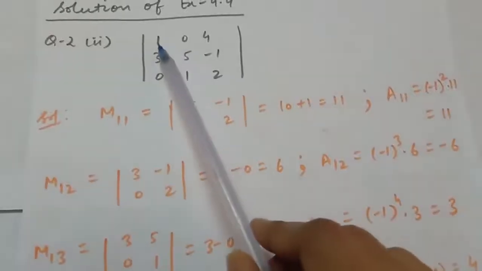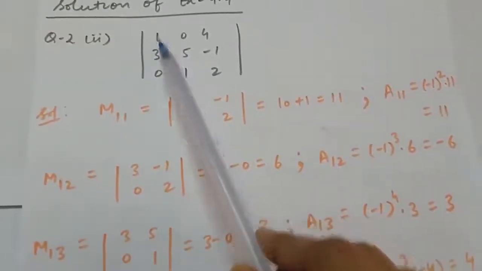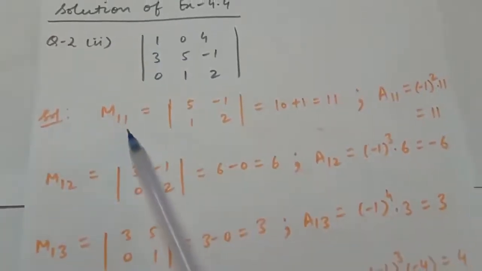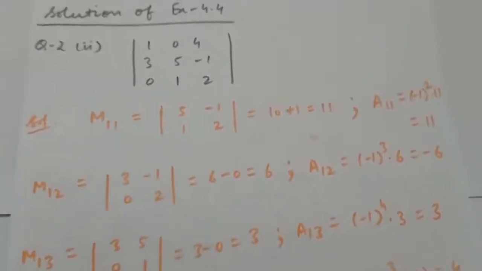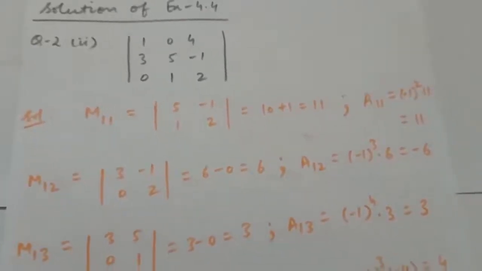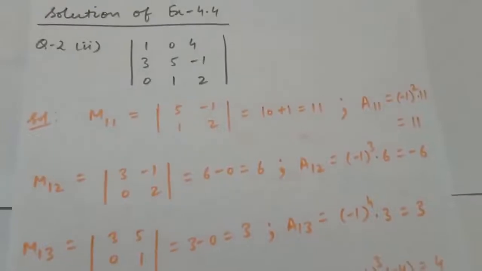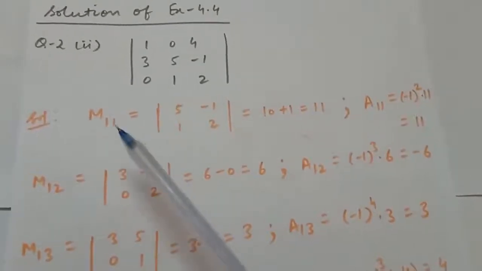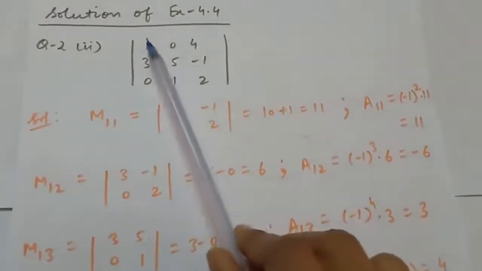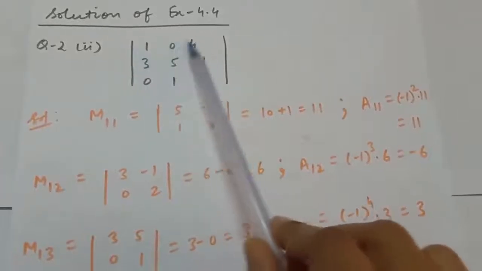So minor of this element 1, which is M11, is equal to the determinant which you will get after deleting first row and first column. So delete this first column and this first row.